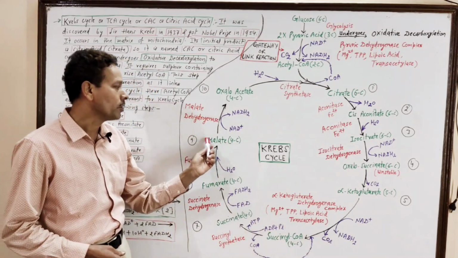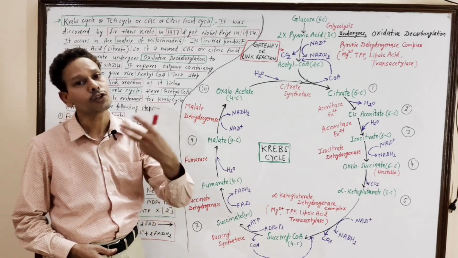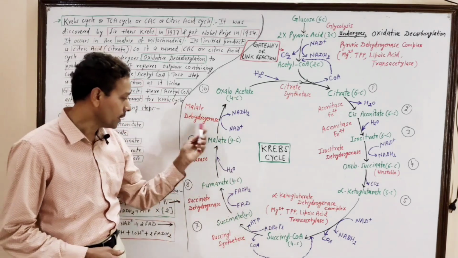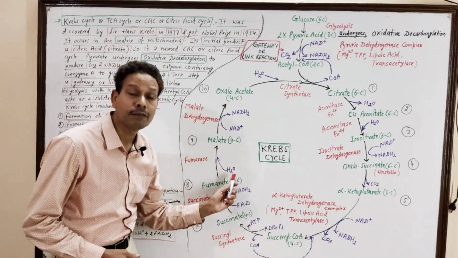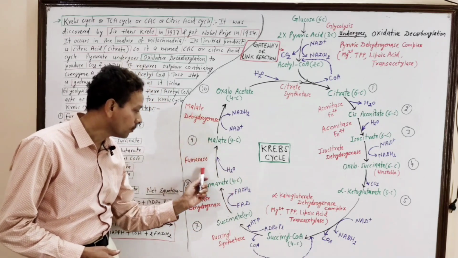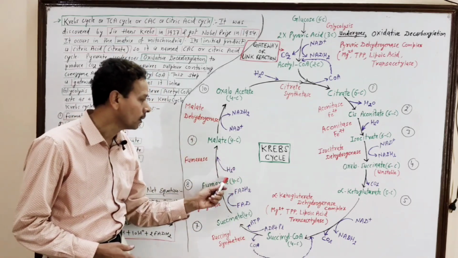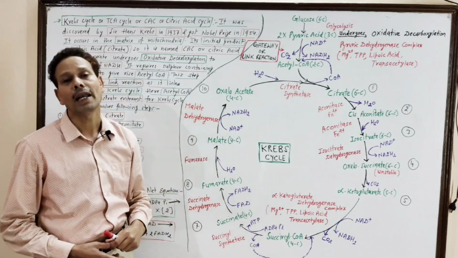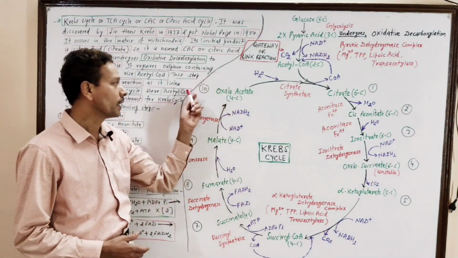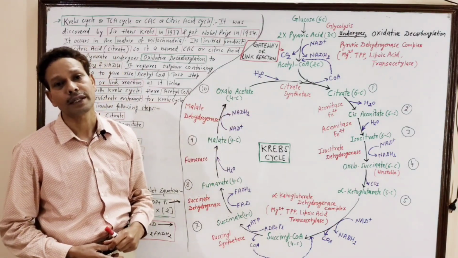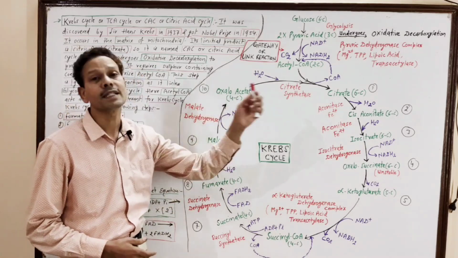Next step is formation of malate, formation of malic acid, in which this fumarate, a 4-carbon compound, in presence of the enzyme fumarase and water produces malate. And the last step is formation of oxaloacetate, OAA.